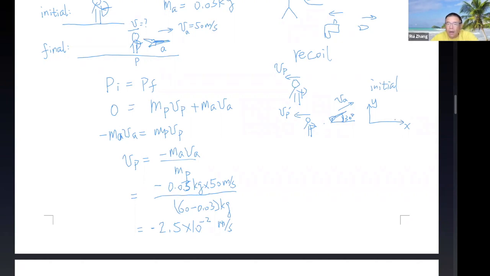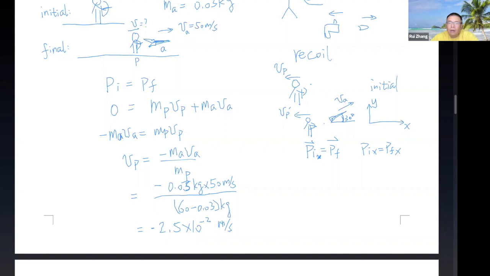Remember, first of all, this conservation law in general could apply for both directions, but it really depends on whether it is conserved or not. Along the X direction, it's the same situation as we had here. There's no friction, no external forces, so along the X direction it is certainly conserved. So you can say PIX equals PFX. But what about the Y direction? At the very beginning, there's no momentum, but in the end the arrow goes up.